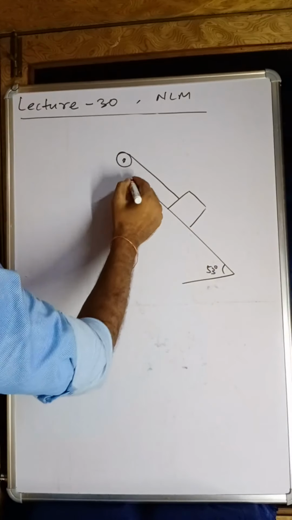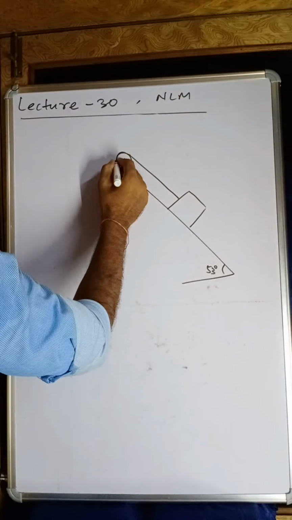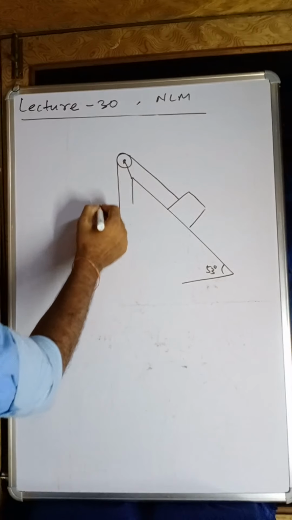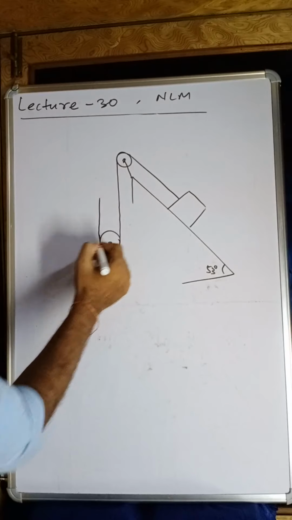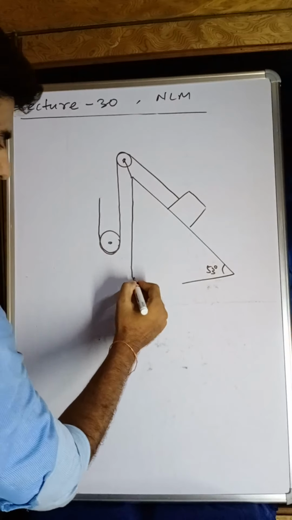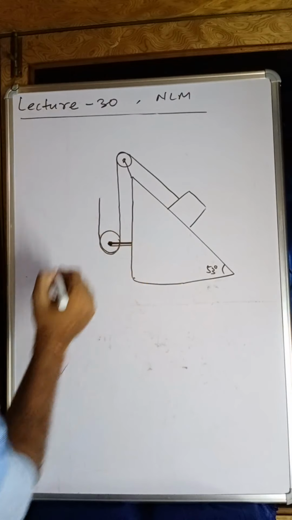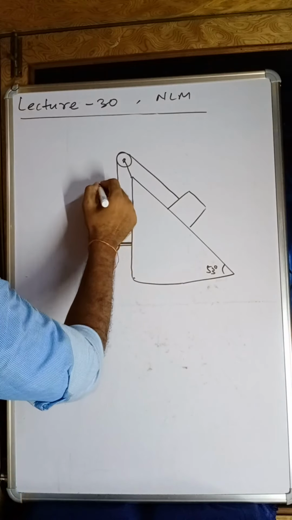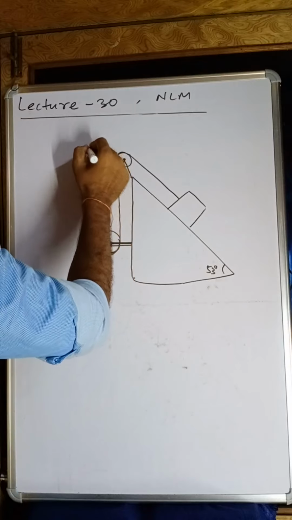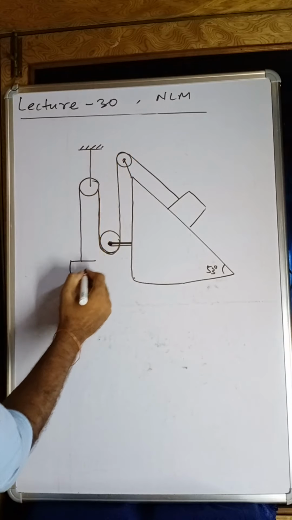This is the pulley. Here is another pulley, and this pulley is tied with some hinge over here, and another pulley is hanged over here.